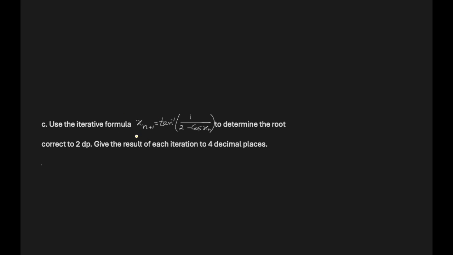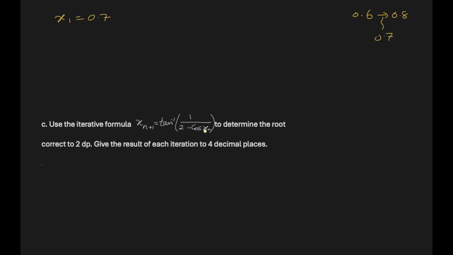Whenever we have such a situation, we take a number. We said that the root is between 0.6 and 0.8. So in between we have 0.7. So we will start with x1 equal to 0.7.